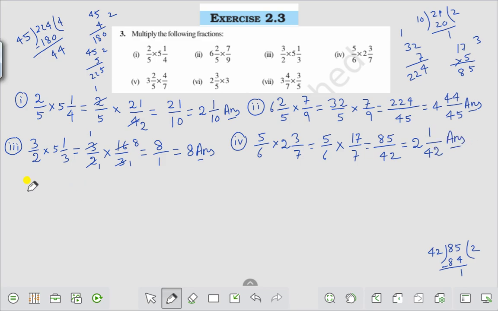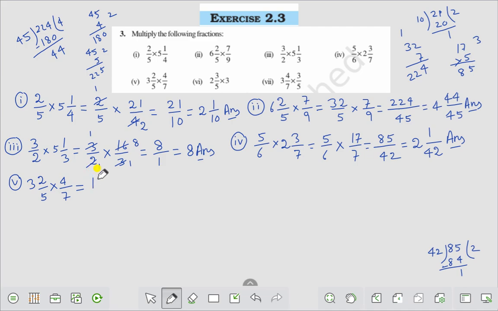Right? Now question number 5. Question number 5 is 3 whole 2 by 5 into 4 by 7. Multiply the whole number with the denominator, that is 3 5s are 15, and add the numerator, 15 plus 2, 17.